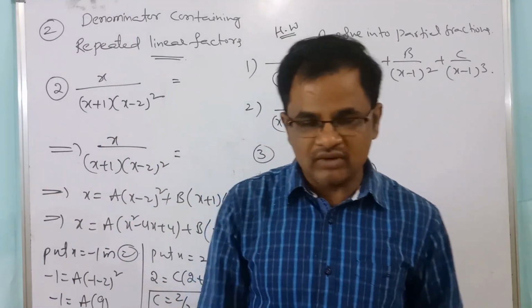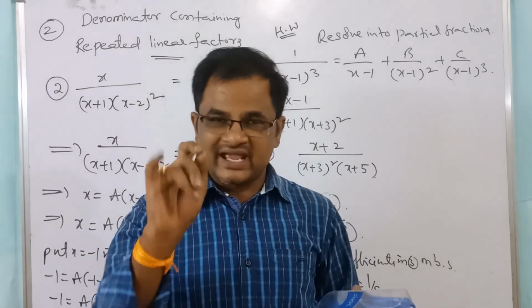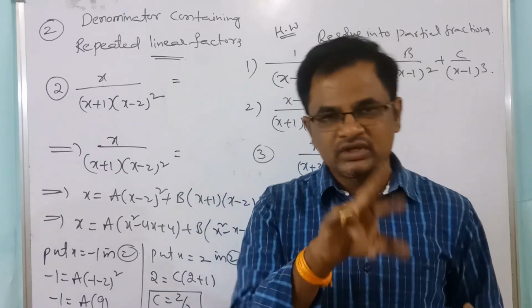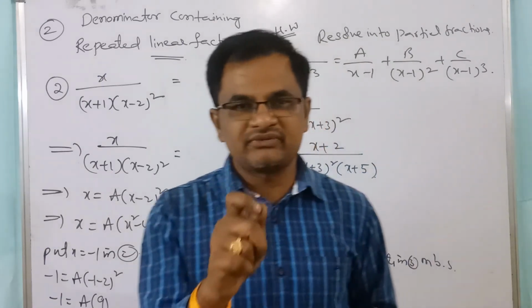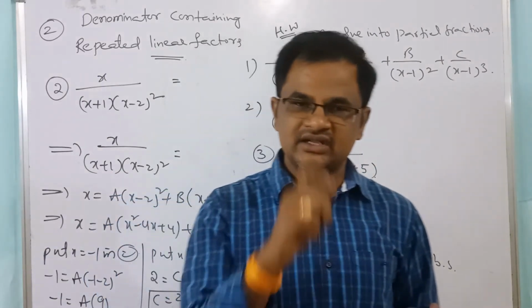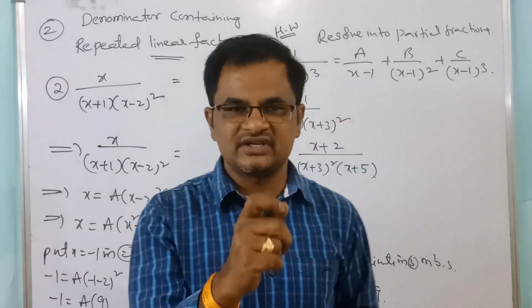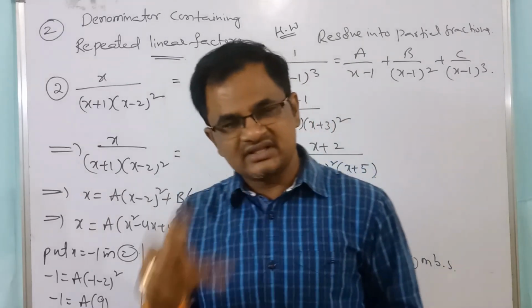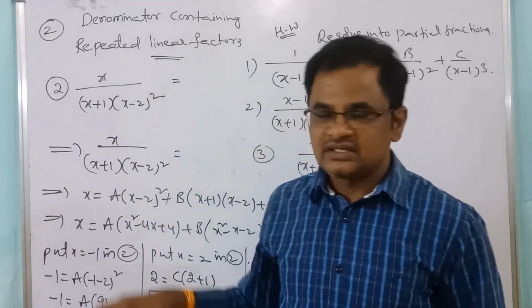So in this video, what did we discuss? The definition of a fraction, and two types of fractions: proper fraction and improper fraction, and the definitions of each. After that, in proper fractions there are four methods.